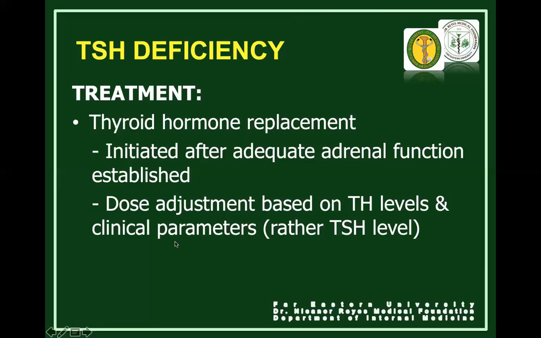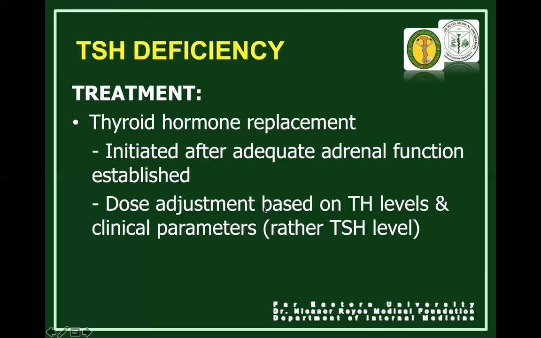Now, the other thing is if it's TSH deficiency, you cannot rely on the TSH in judging the adequacy of your treatment because your TSH is low, or inappropriately normal, so it would not change. The negative feedback will not be effective.